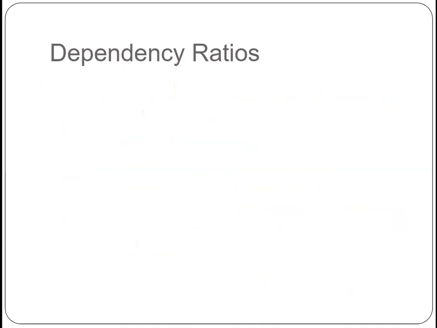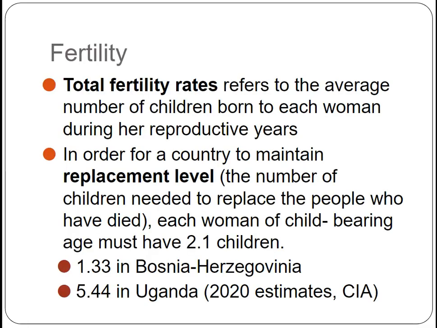Okay, so that brings us to the idea of dependency ratios. If we're going to be having babies, well, how do we feed them? All right, and if we look at the changes in countries in terms of fertility rates, we also have to think about how these numbers have changed over time.